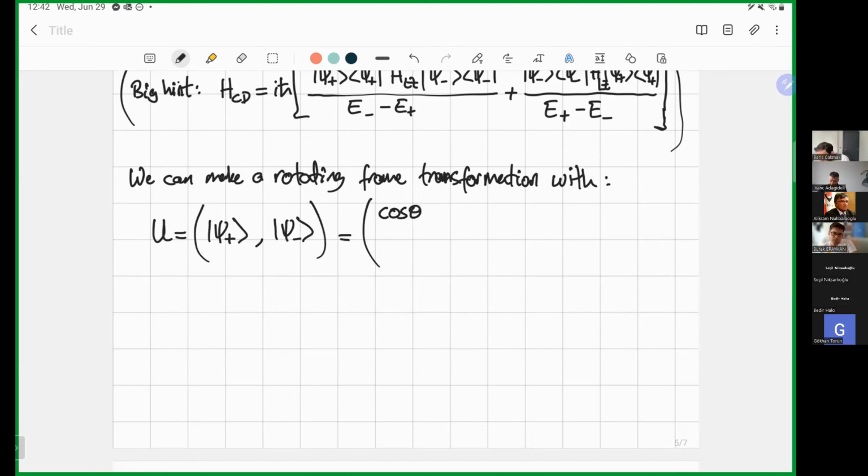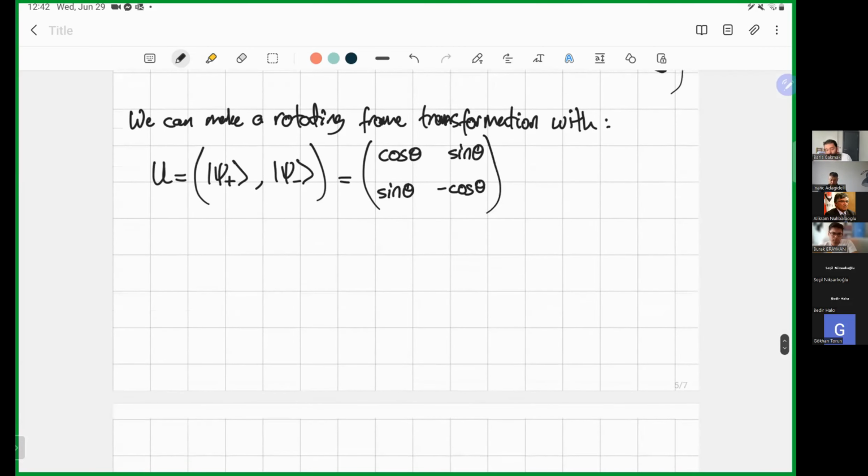Psi plus is cosine theta, sine theta. Psi minus is sine theta and minus cosine theta. Now with this U, I can transform the Landau-Zener Hamiltonian, written in the regular way in the sigma z basis. We usually use the sigma z basis.